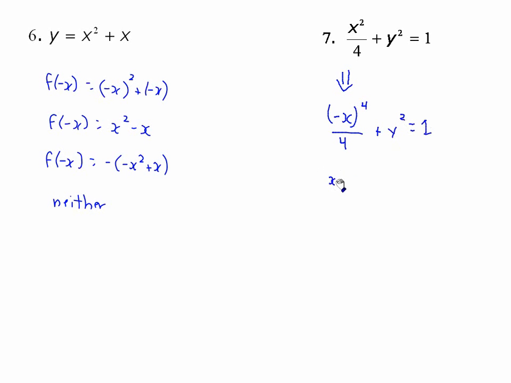So this is x to the 4 over 4 plus y squared is equal to 1. I'm going to note that this is not a function, and we can tell it's not a function because it's got a y squared in the term, and some of you might remember what the shape is for Math 30 Pure if you've taken that. However, by the work I've done, you'd say, well, hey, this one is even.